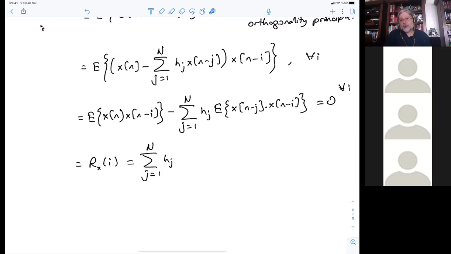It's again an autocorrelation. What is the time difference between n minus j and n minus i? It is i minus j. Rx of i minus j, again for all i, and j from 1 to N. For all i means i from 1 to capital N as well.